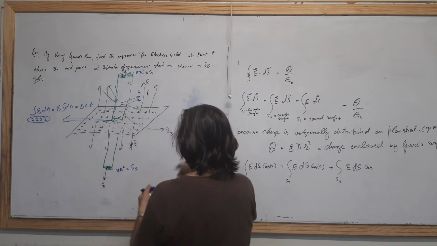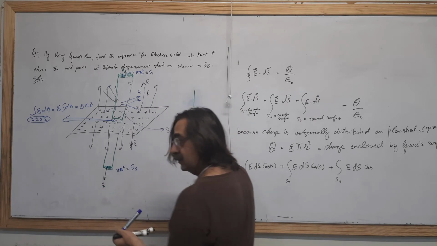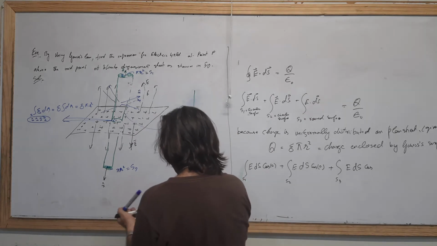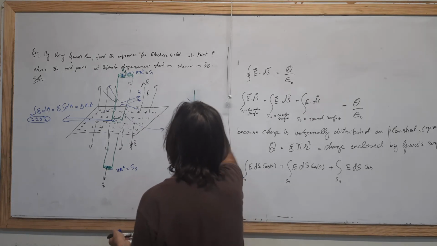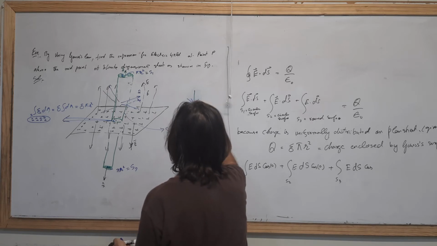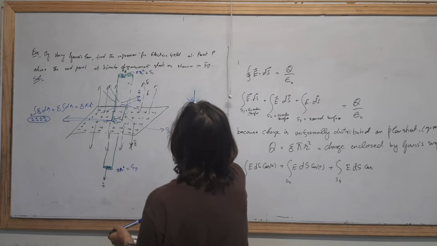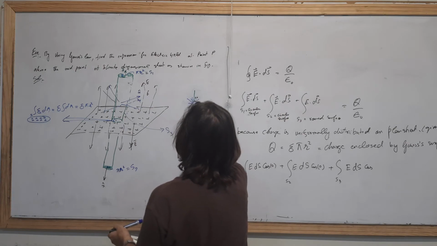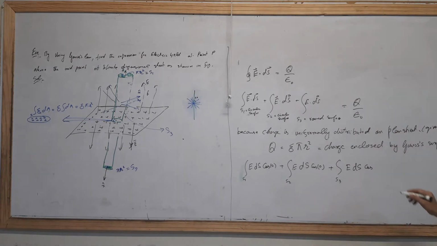Sorry, I should make use of two markers. This is a cylinder, and all these are making an angle of 90 with E, because it is radial. So the angle is 90. Got it?